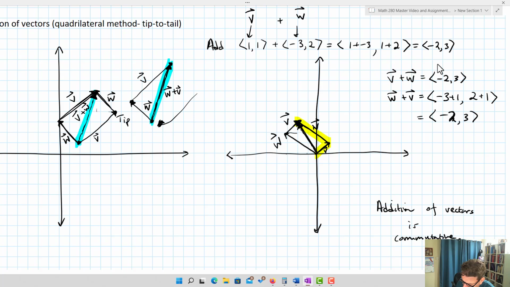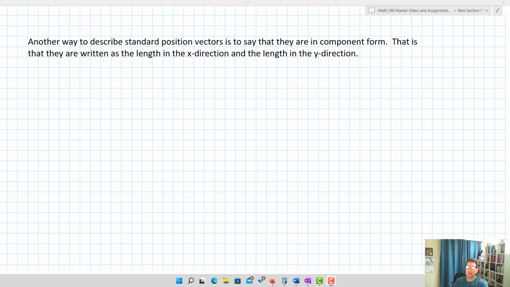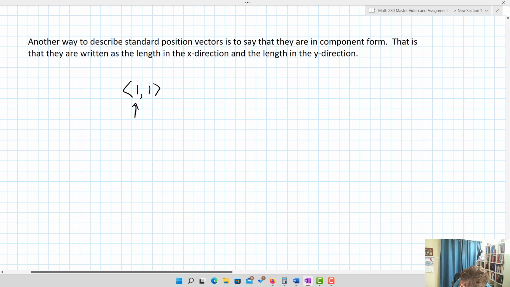One thing I want to bring up, because you might see it, is that another way to describe our standard position vectors, the ones anchored at the origin, is to say that they're in component form. That is, they're written as the length in the x direction and the length in the y direction. So if I write (1, 1), that's 1 in the x direction and 1 in the y direction.